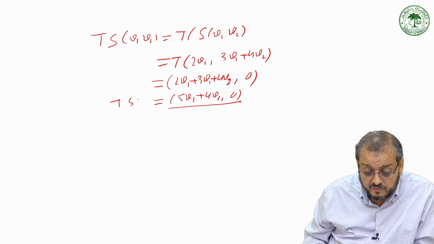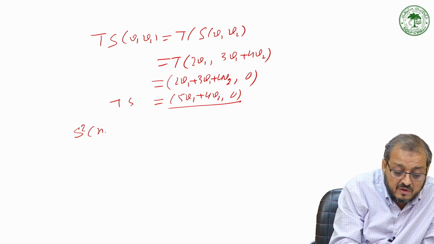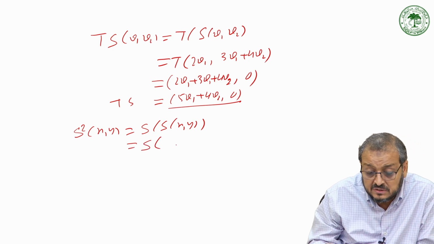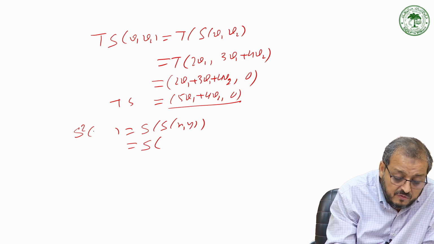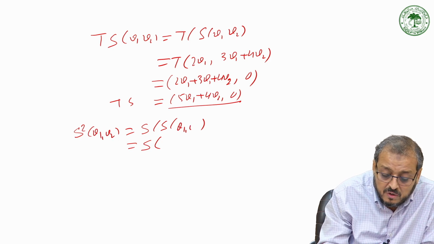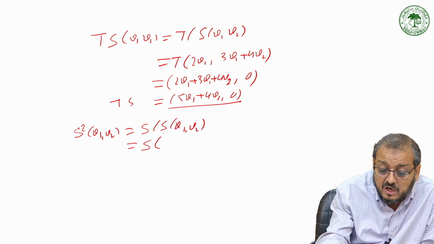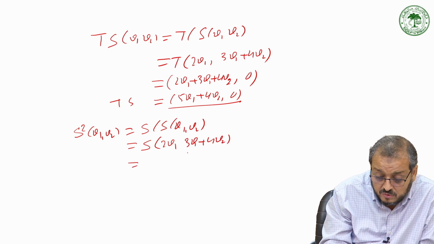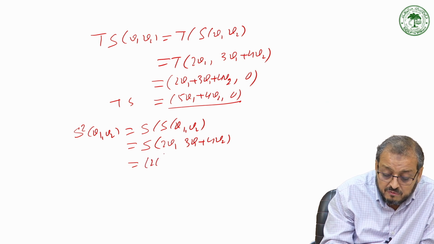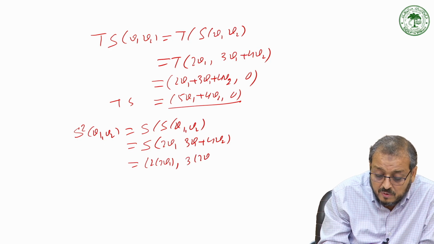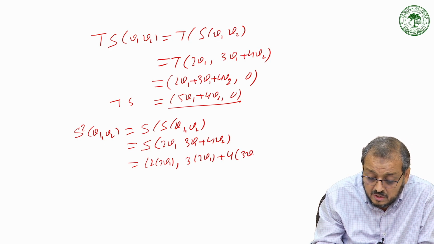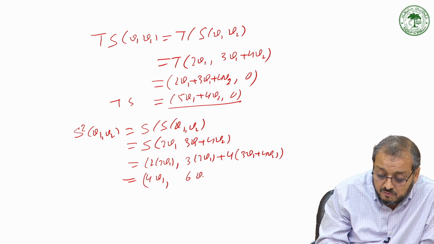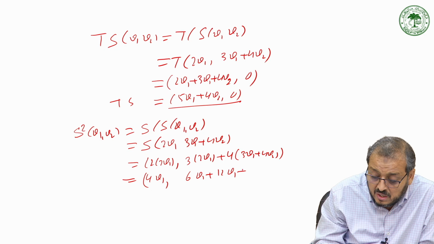Now we calculate the value of S square. For x and y, we write S times S of (x, y), which is S of (V1, V2), equal to (2 times V1, 3V1 plus 4V2). Now again applying S, this is 2 times 2V1, which is 4V1, and then 3 times 2V1 plus 4 times (3V1 plus 4V2), which is 6V1 plus 12V1 plus 16V2.